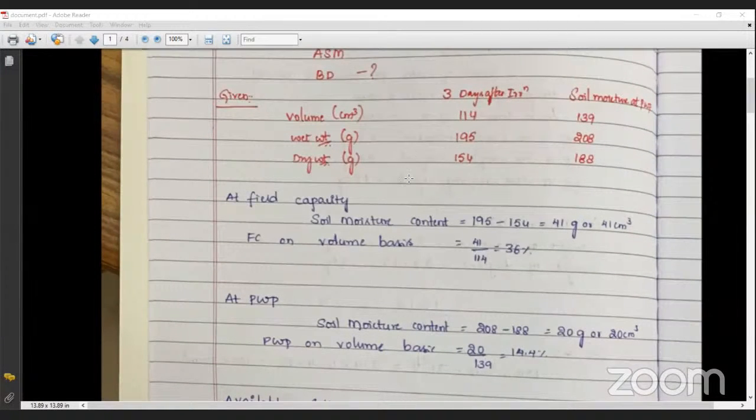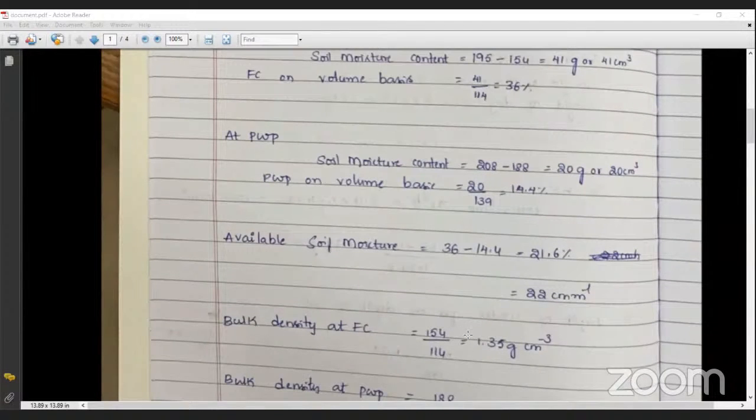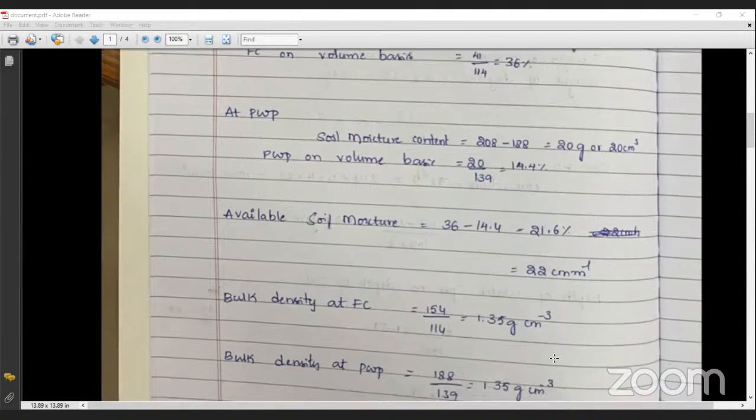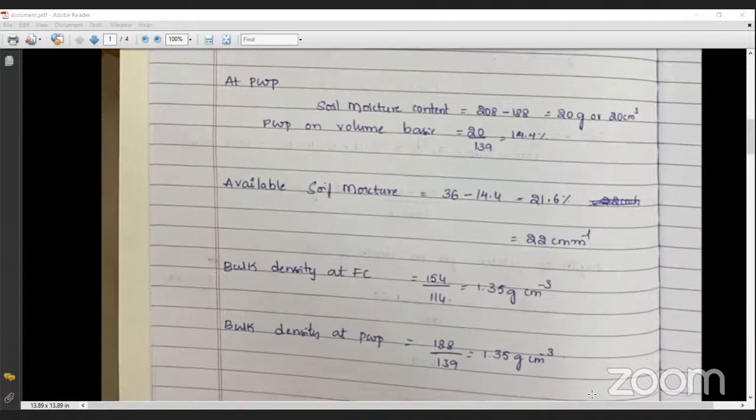What is the dry weight they have given here? 154. That is the bulk density. 154 divided by 114 will give 1.35 gram per cm cube. But the bulk density at permanent wilting point is 188 divided by 139, that is 1.35 gram per cm cube.